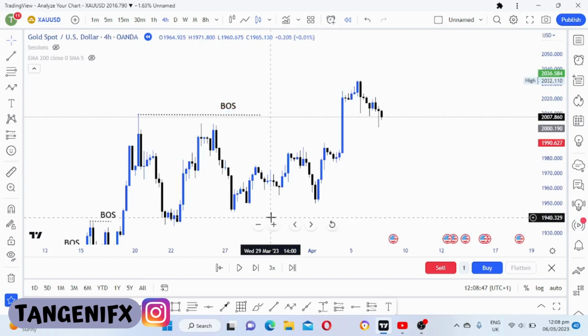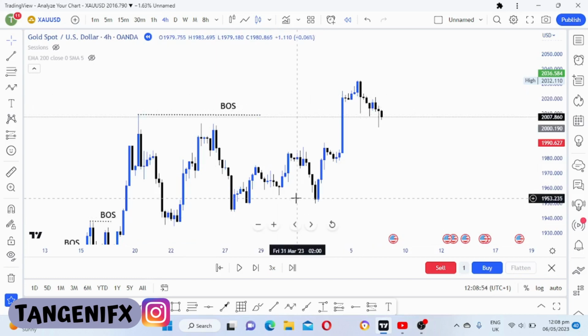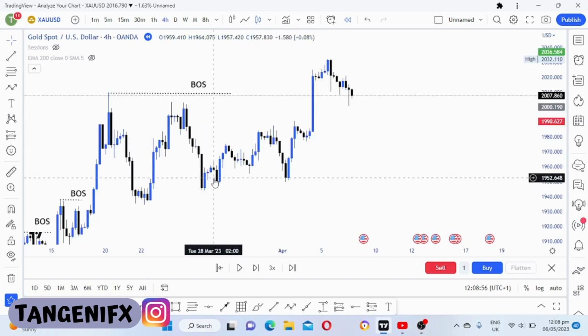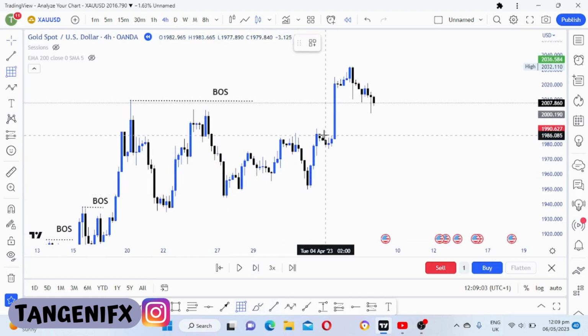So now which areas? The first thing is there must be a break of structure, and the second thing is to draw your zones. Where should you draw your zones, especially now that we are in an uptrend?